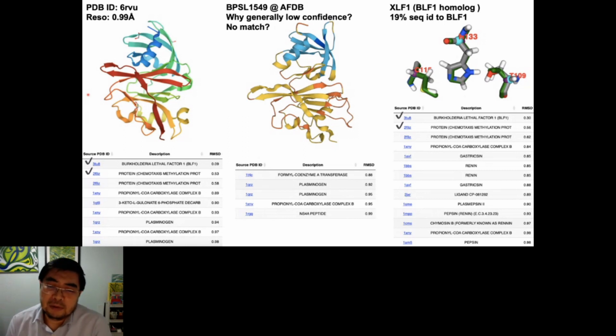Okay, so clearly, although these are computed structure models, we are able to use these programs to annotate them, provided that they are of high confidence, with high pLDDT values.